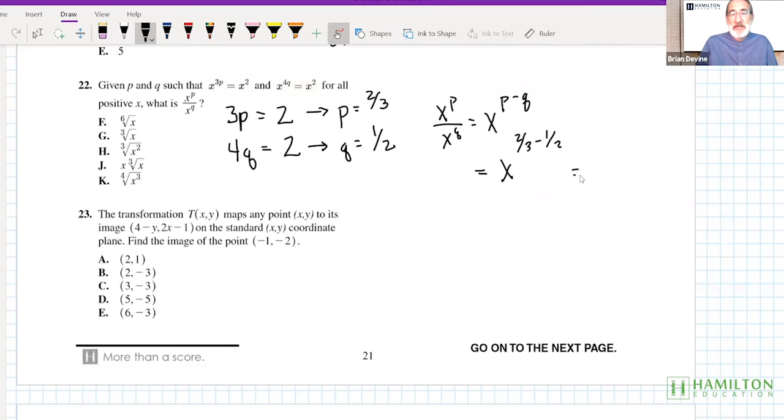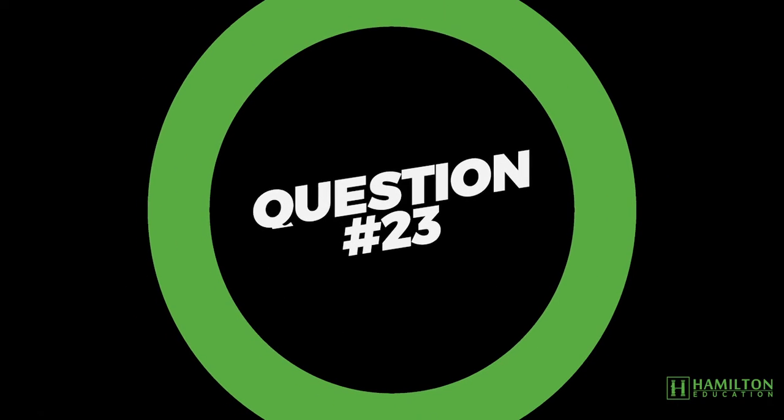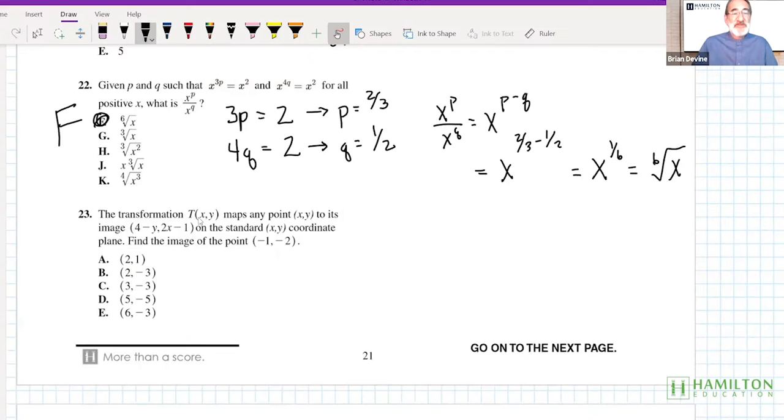And I know that 2/3 is 4/6 and 1/2 is 3/6, so this is x to the 1/6, which we could write as a radical as the 6th root of x, which is F.